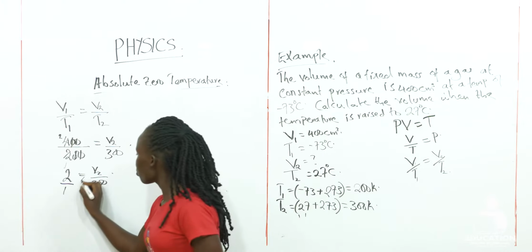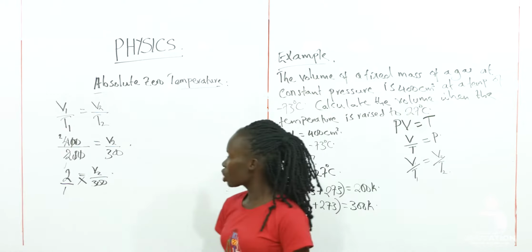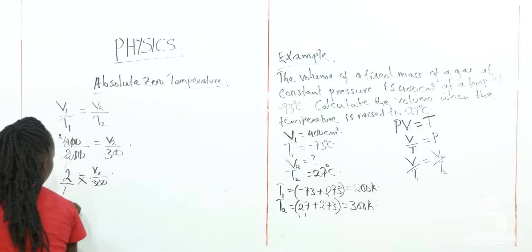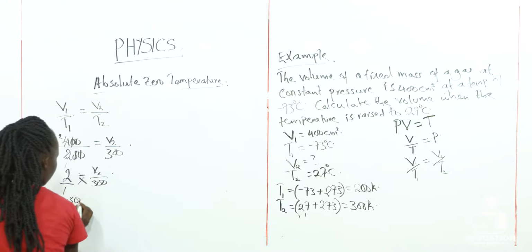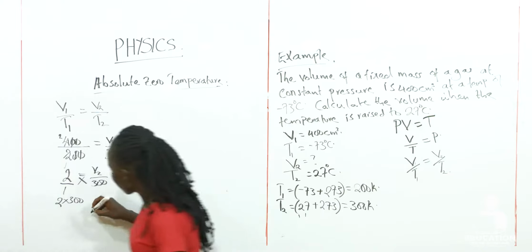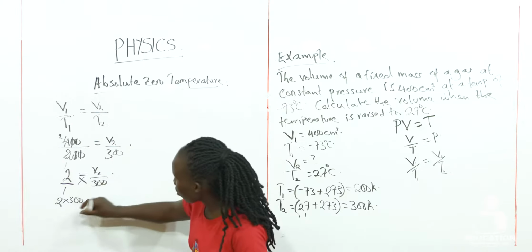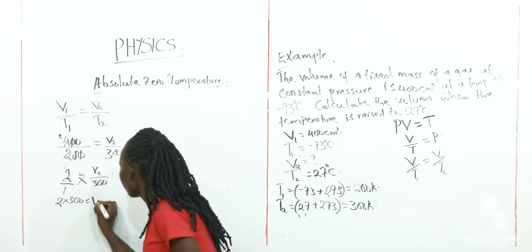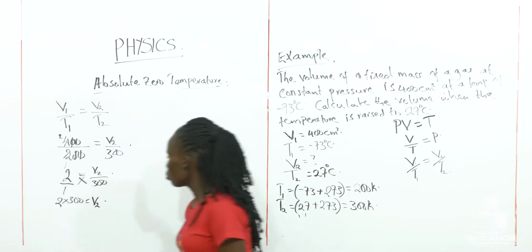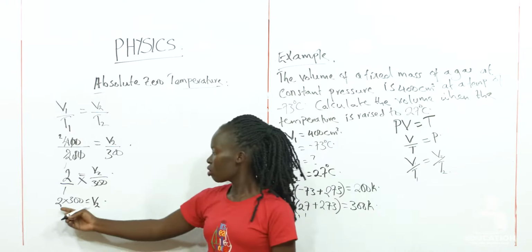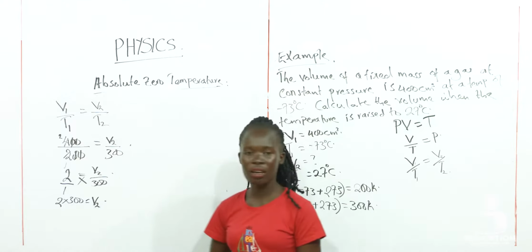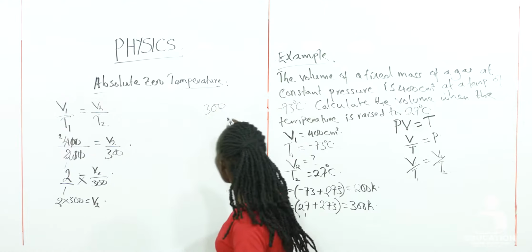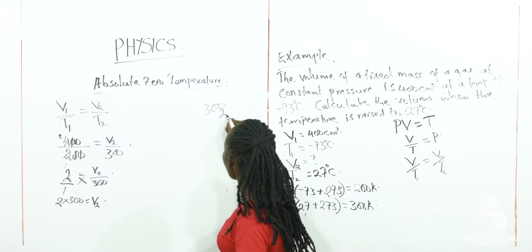So when we cross multiply here, we shall have 2 times 300 equaling 1 times V, which gives us V2. So when you get 2 times 300, what shall we have? We have our 300, and we are multiplying it by 2.